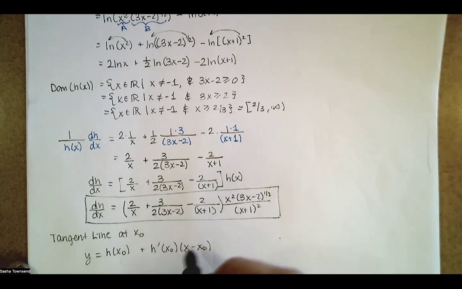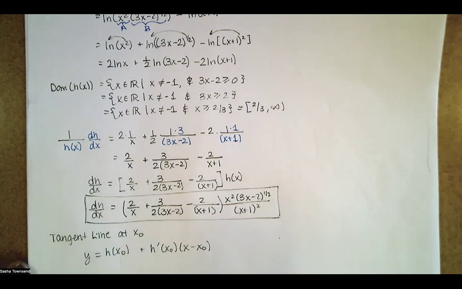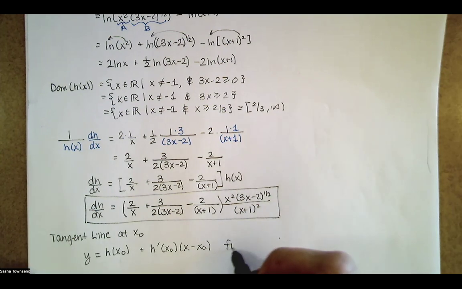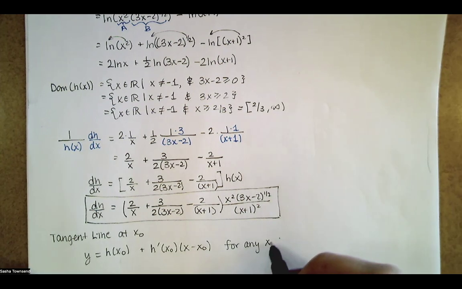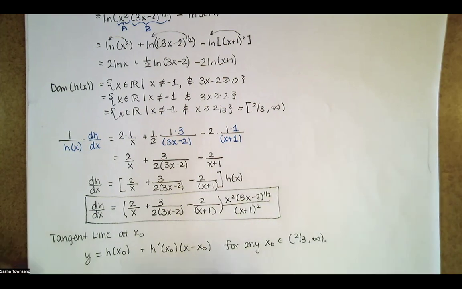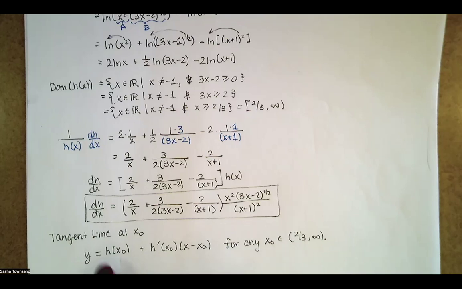That's going to give us a change in y. We add the original y value and we get the y value on the tangent line. Let's say for any x naught in 2/3 to infinity. And we can graph that tangent line. We can graph the derivative. We can graph the original function. We'll do all of that on Desmos.